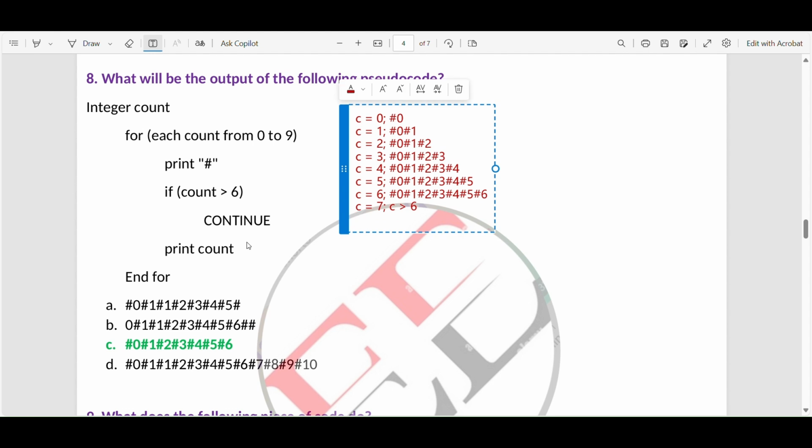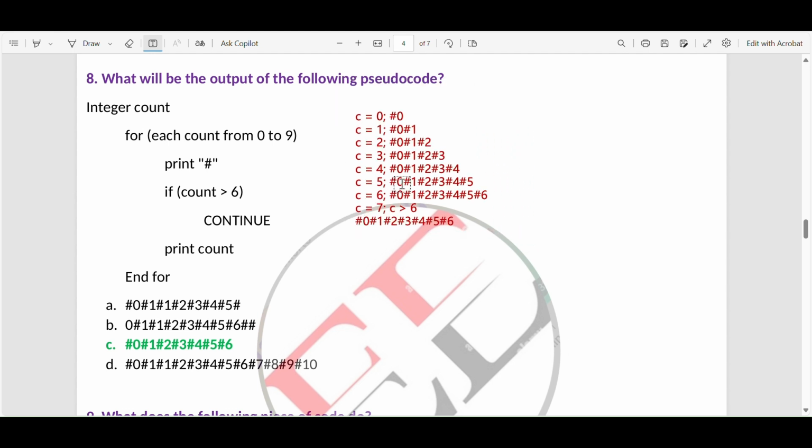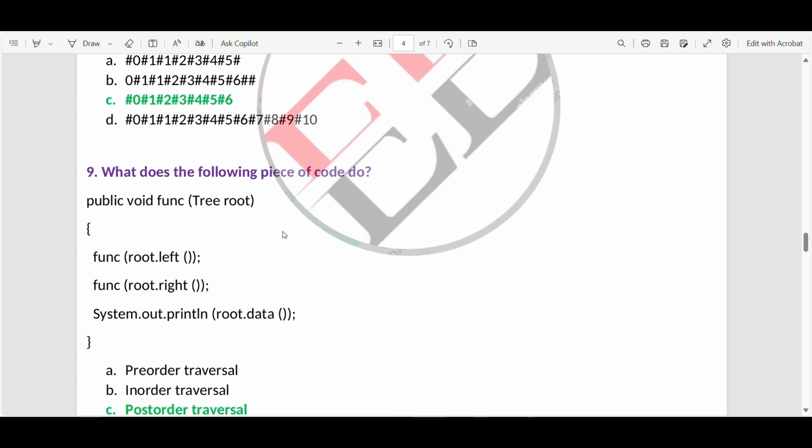So we'll be getting out. And we'll be printing the count. What is count here? It is hash 0, hash 1, hash 2, hash 3, hash 4, 5, and oh, 6. This is the final output we are getting. And when you see the options, it is the third option.